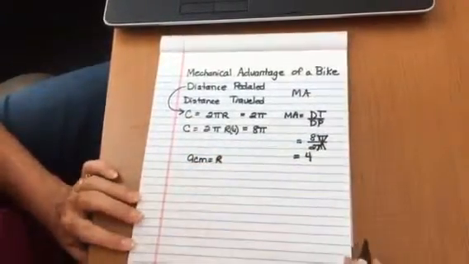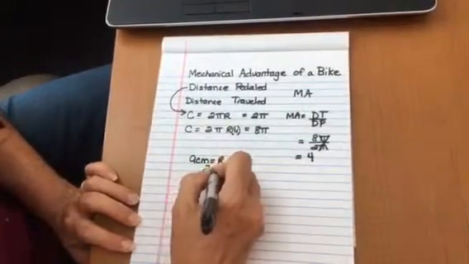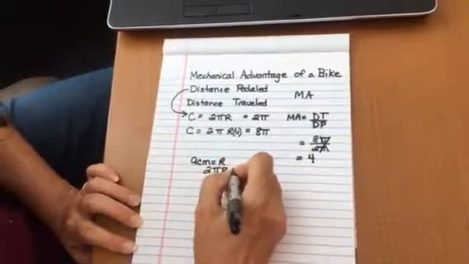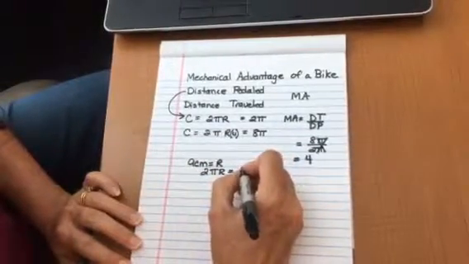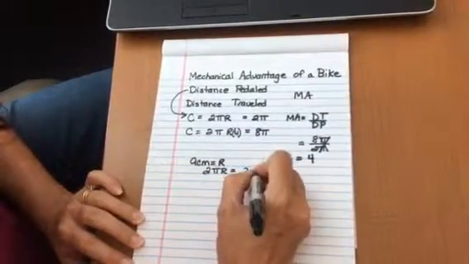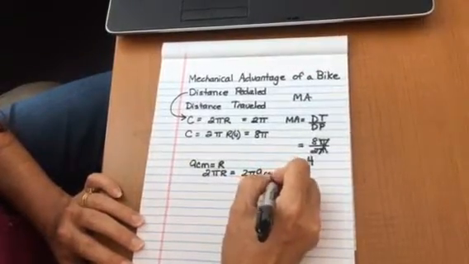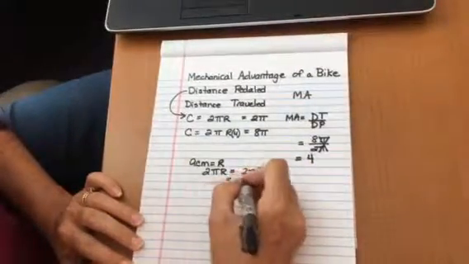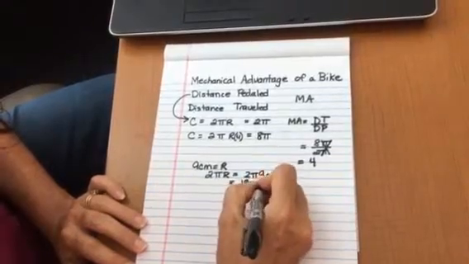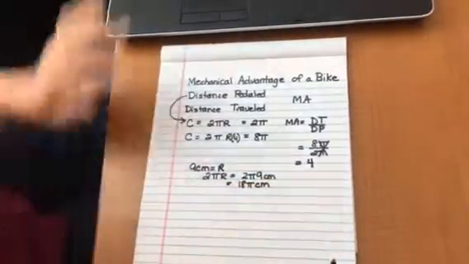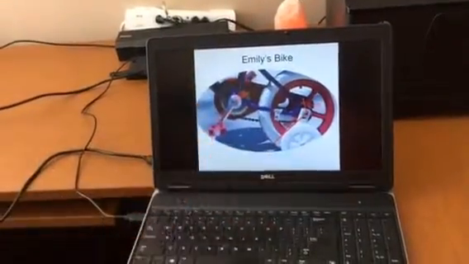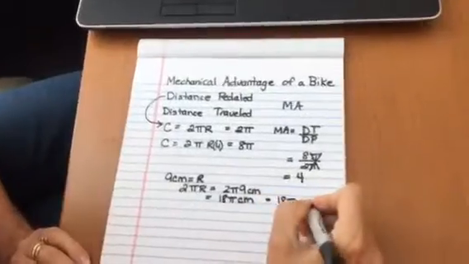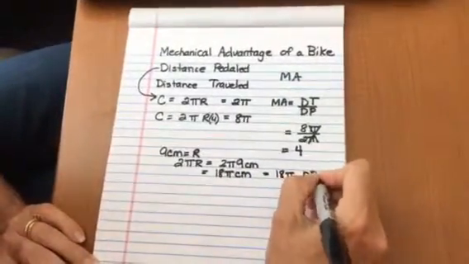And if we have our circumference equals 2 pi r, then our circumference of our distance pedaled is going to be 2 times pi times 9 centimeters. So that's going to be 18 pi centimeters. We're not going to worry about the centimeters until the end because it's all going to be in centimeters. So let's just say that 18 pi is our distance pedaled.